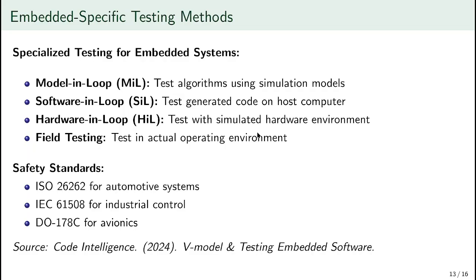And field testing tests in the actual operating environment. Safety standards like ISO 26262 for automotive systems, IEC 61508 for industrial control, and DO-178C for avionics make sure systems are reliable.